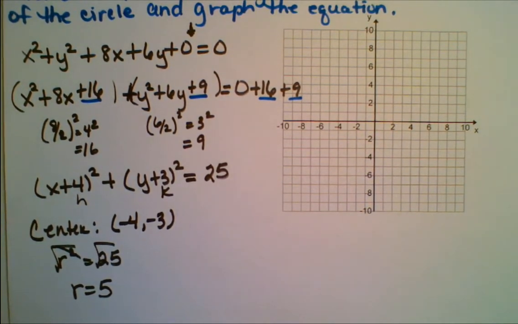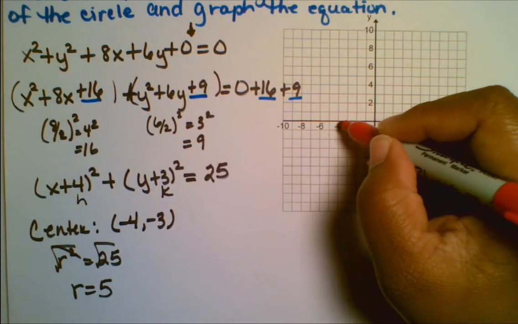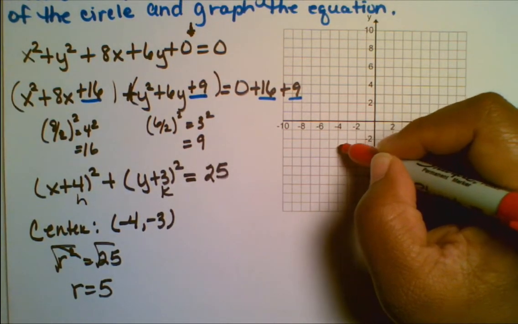So now we have everything that we need to graph this equation. Let's go ahead and do so. Our center is -4, -3.